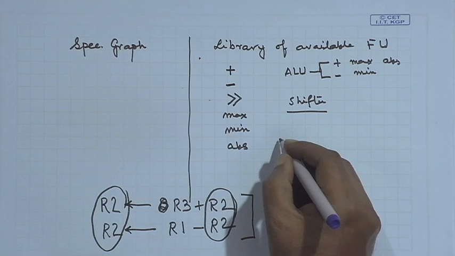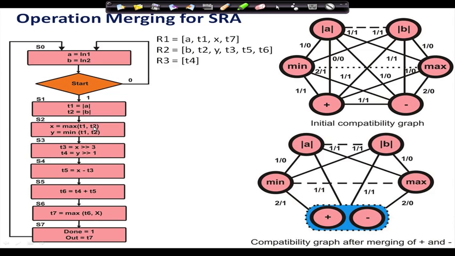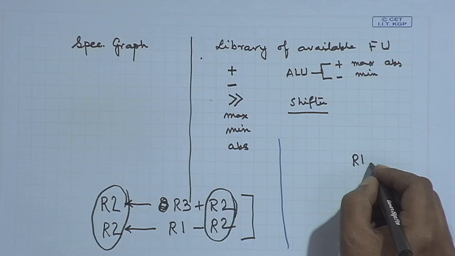What is happening to max? Max is taking T1, T2 and going to x. T1 is where? R1, and T2 is where?